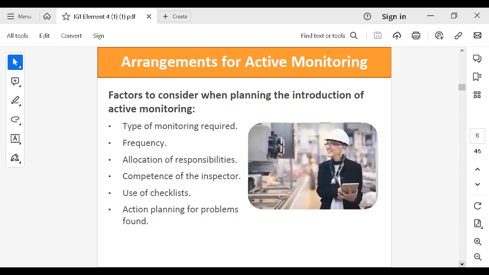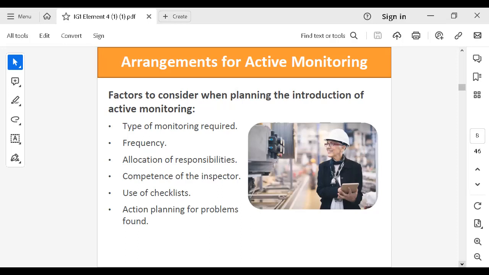Arrangements for active monitoring: factors to consider when planning the introduction of active monitoring. Type of monitoring required, meaning what type of monitoring we need in the organization. Frequency, whether we are doing this monitoring once a week or once a month.